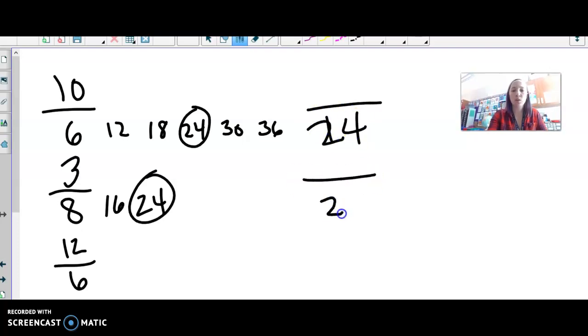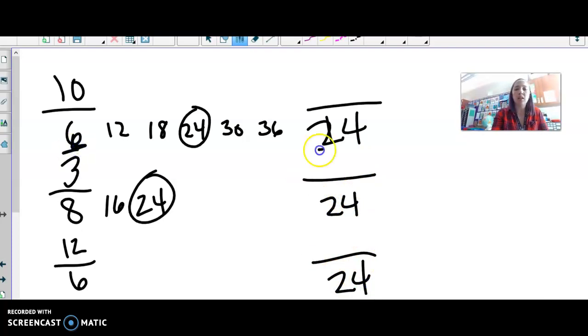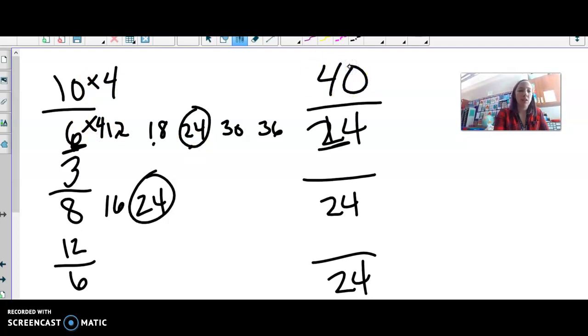24, 24, and 24. Now I can think, okay, what did I multiply 6 by to get to 24? Well, 1, 2, 3, 4. So I can multiply the top by 4 and get 40. 1, 2, 3. I multiplied by 3. So I'll get 9.